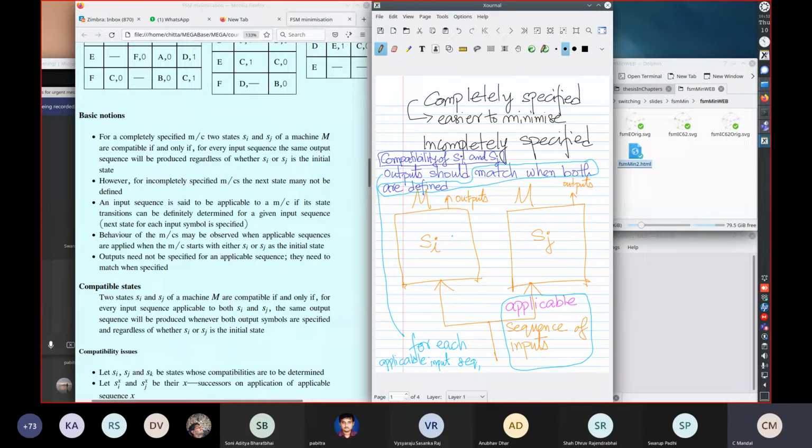All right. So that is the notion of compatibility of states.